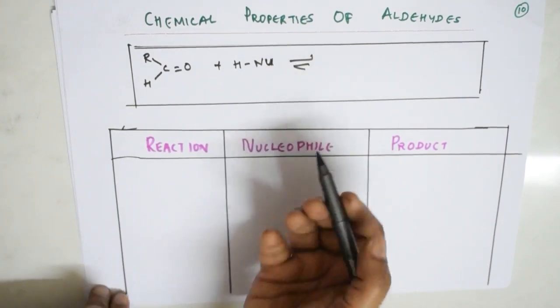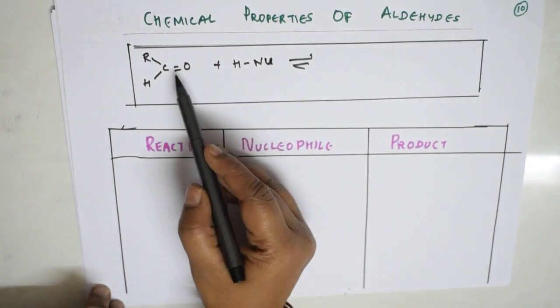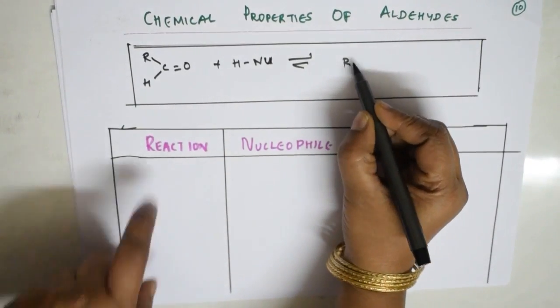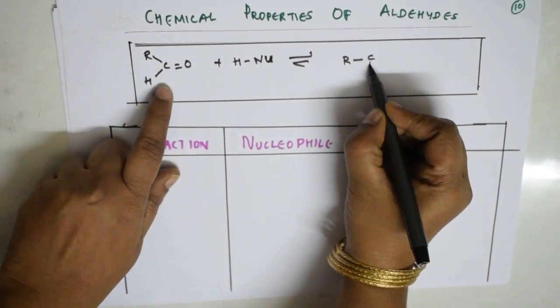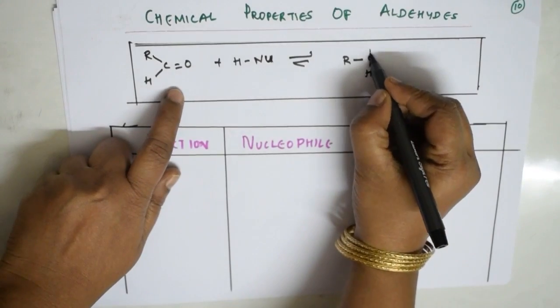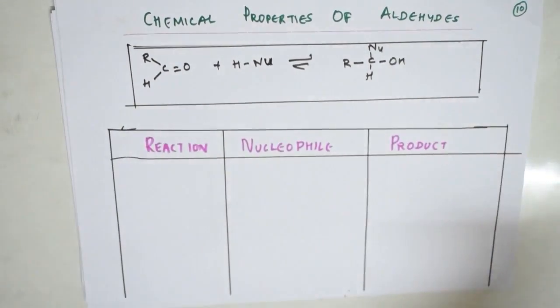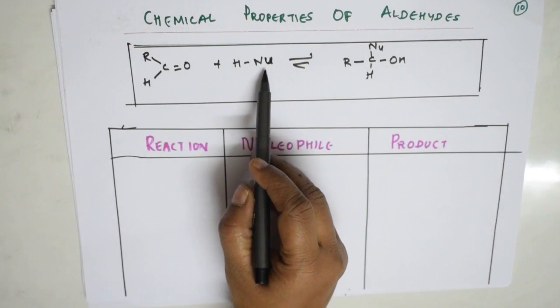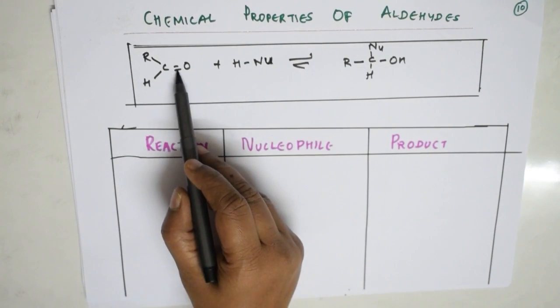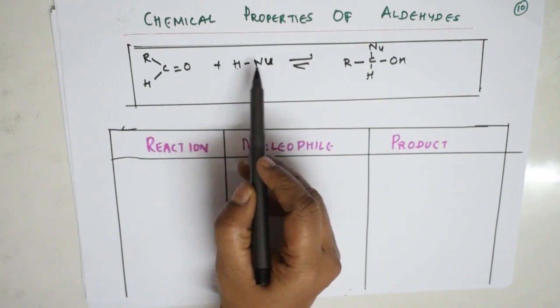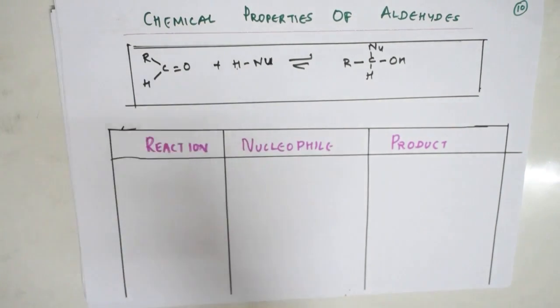Now what happens here? There is a cleavage of the bond between the carbon and oxygen. What type of compound do you get? You get R, C, H and the nucleophile and OH. This is a compound, right, students? So here there is a cleavage of the bond. Exactly. Hydrogen got added to the oxygen and the nucleophile got added to the carbon, right?